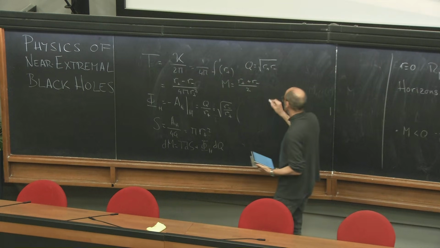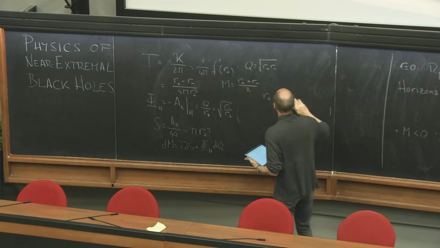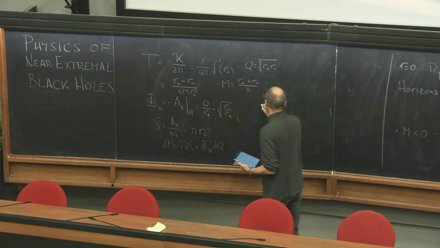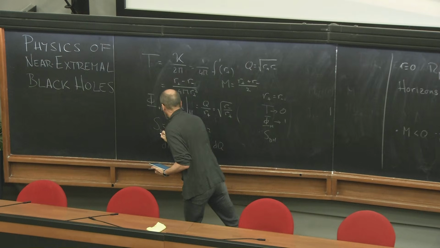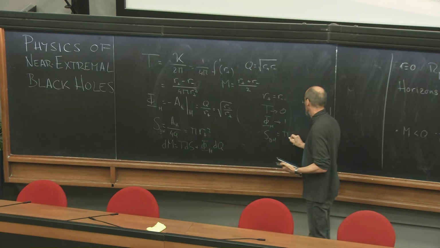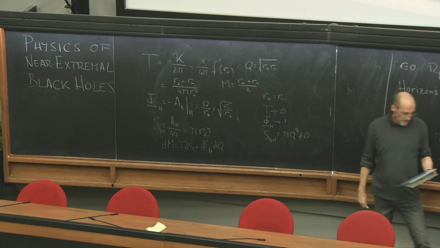And in the extremal limit, where these two things are equal, you see the temperature goes to 0, the potential goes to 1, but the entropy, the Bekenstein-Hawking entropy or black hole entropy, goes to pi Q squared, and this is different than 0.